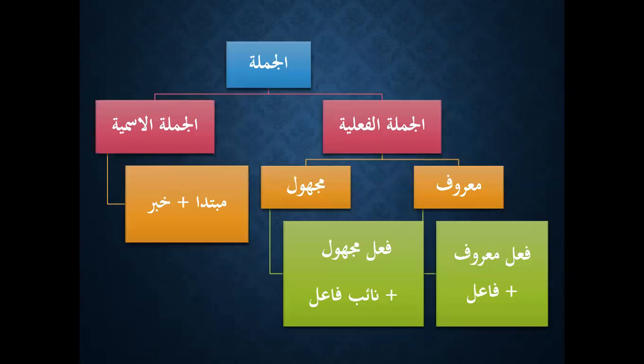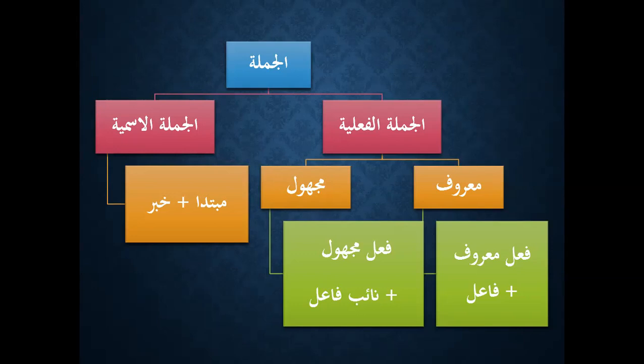Okay, so you know about sentence or jumla, we call it, which is murakkab tam. Jumla ismiya, jumla fi'liya. The jumla ismiya is, as you know, mubtada and khabar, but jumla fi'liya is ma'ruf and majhul. We touched upon that last week. Ma'ruf is active verb. Majhul is passive verb. So active means that there is a fi'l and a fa'il.